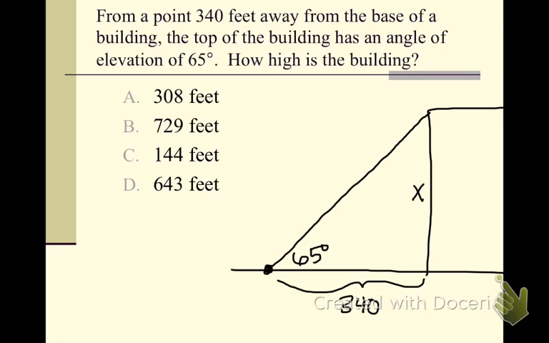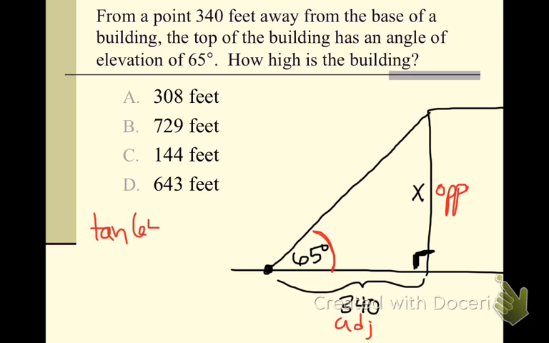Well, you can see we've drawn ourselves a right triangle, and we can use a trig function in order to solve for this height of the building. We've got an angle of 65 degrees here, an adjacent side length, and we're trying to find the opposite side length. So tangent is the trig function for the job.